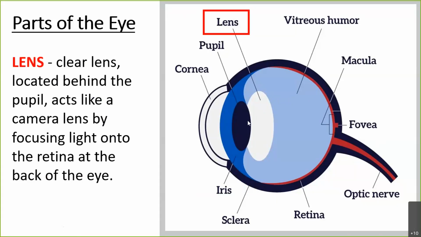So we actually have small muscles at the edge of the lens, not shown in this particular diagram, called ciliary muscles, and they can pull or push the lens to change its shape, like you saw in the simulation. If you did that part where you made the lens kind of fat or kind of skinny, you saw that that affected the image properties.